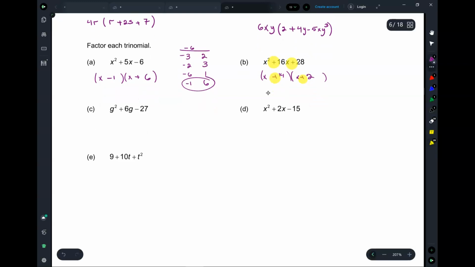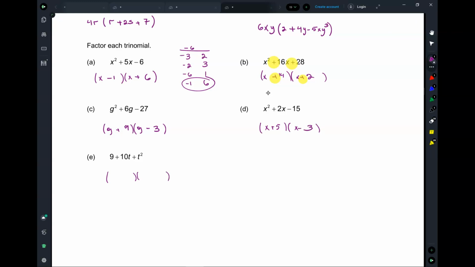This next one: two numbers that multiply to negative 27 and add to 6. 9 and negative 3. What about this one? 5 and negative 3. This one is okay that it's reversed.